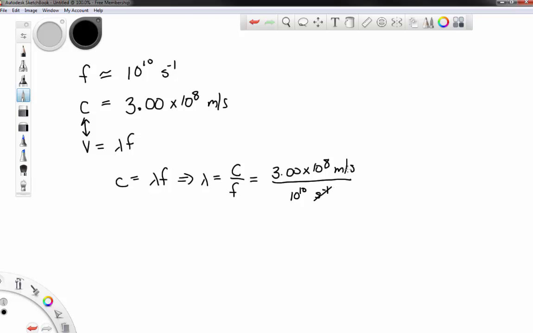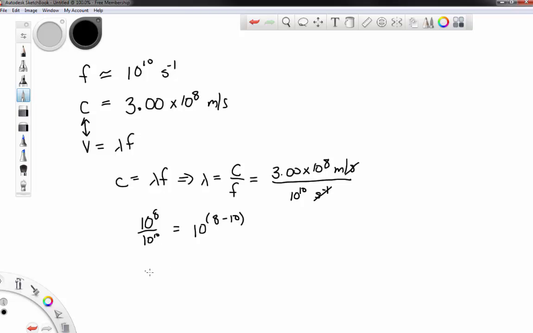So the seconds inverse cancel. 10 to the 10th and 10 to the 8th. So 10 to the 8th over 10 to the 10th is going to be equal to 10 to the power of 8 minus 10.